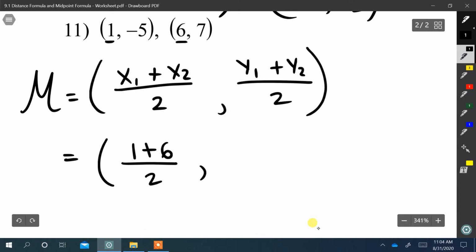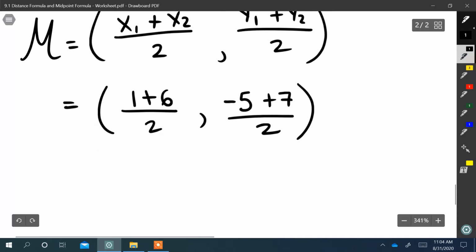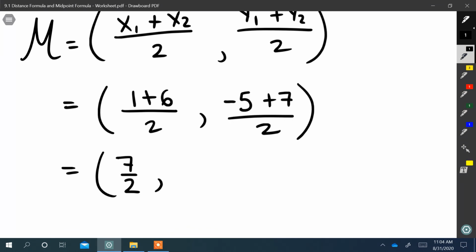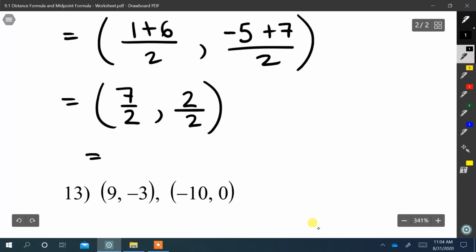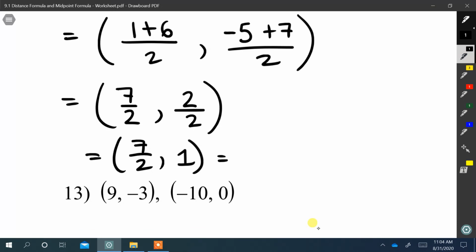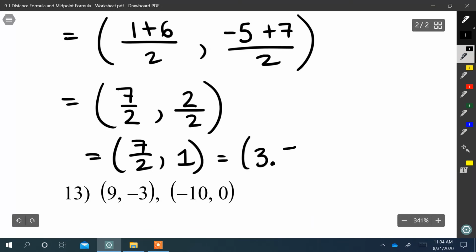And then we have -5 plus 7 over 2. Okay, so 1 plus 6, that's 7. So it's 7 over 2, and -5 plus 7 is going to be 2. 2 over 2 is 1, so you can leave your answer as 7 over 2, comma 1, or 7 divided by 2 is actually 3.5, comma 1.